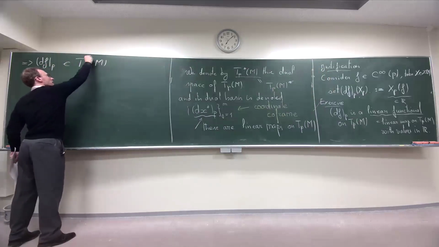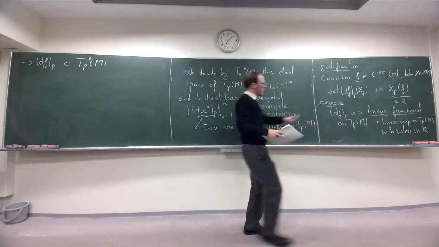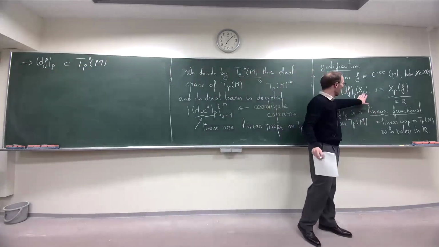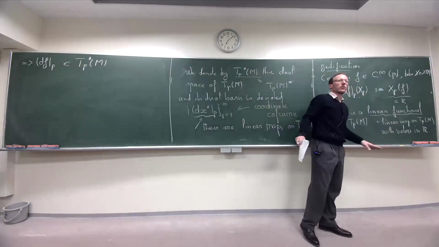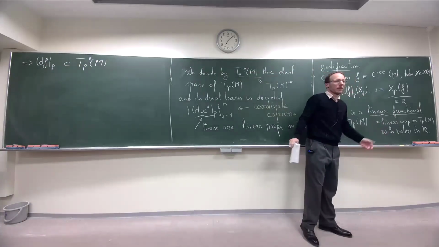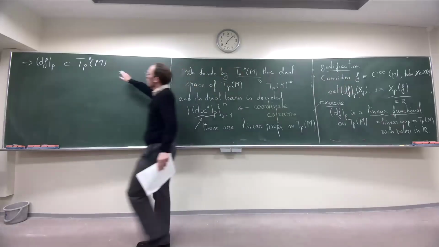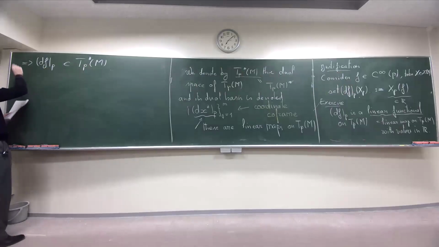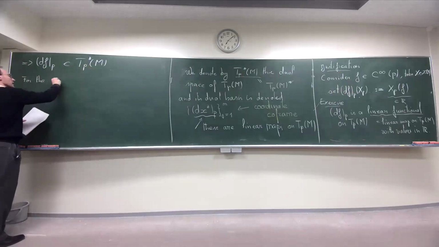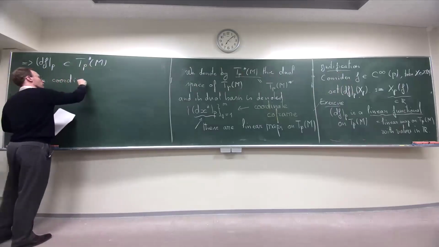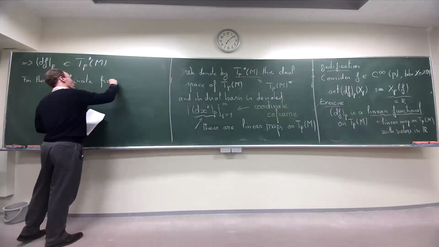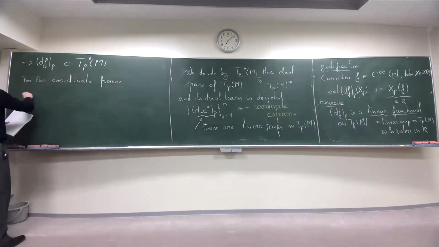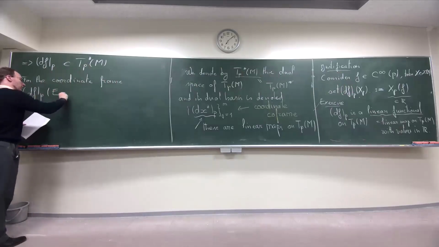By definition, an element of the dual is precisely something which takes an element of this TpM and sends it to R and is linear. So by definition, it's an element of this. Okay. Now, for the coordinate frame, so in the framework I have just introduced before, what is dfp on ejp?